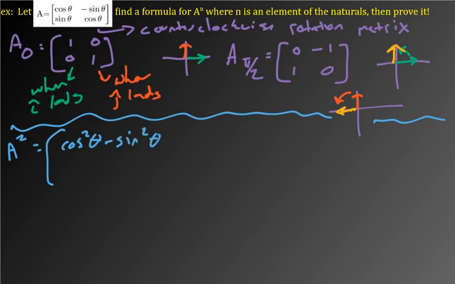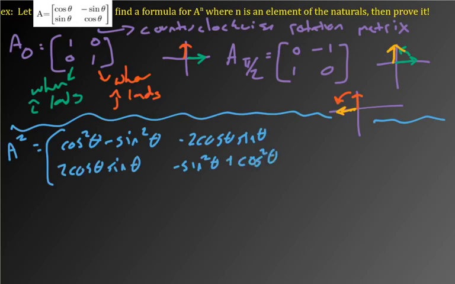And then for the first row, second column, you're going to get minus 2 cosine theta sine theta. And then you're going to get 2 cosine theta sine theta down here. And then for the bottom row times the second column, you're going to get minus sine squared theta plus cosine squared theta.